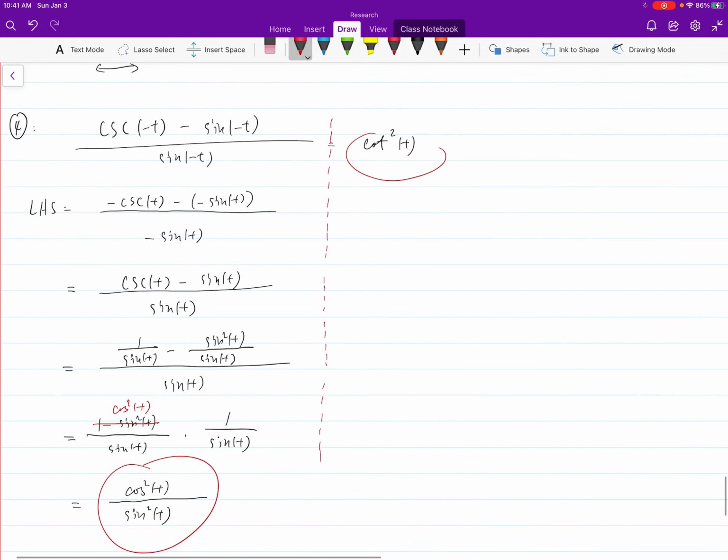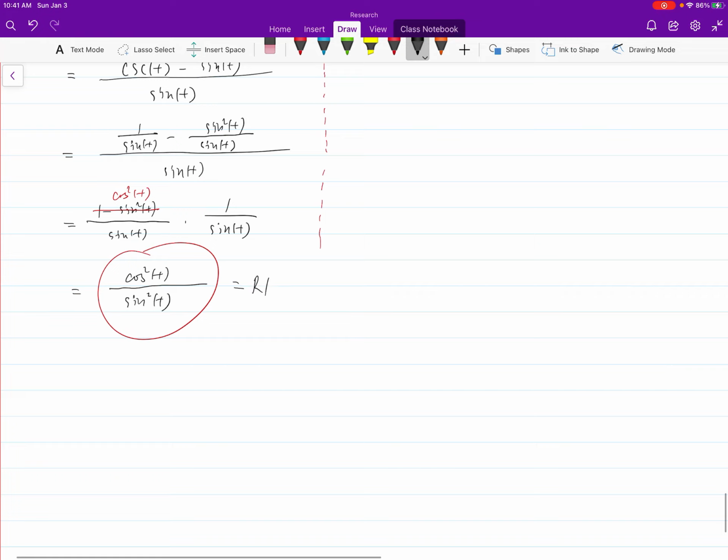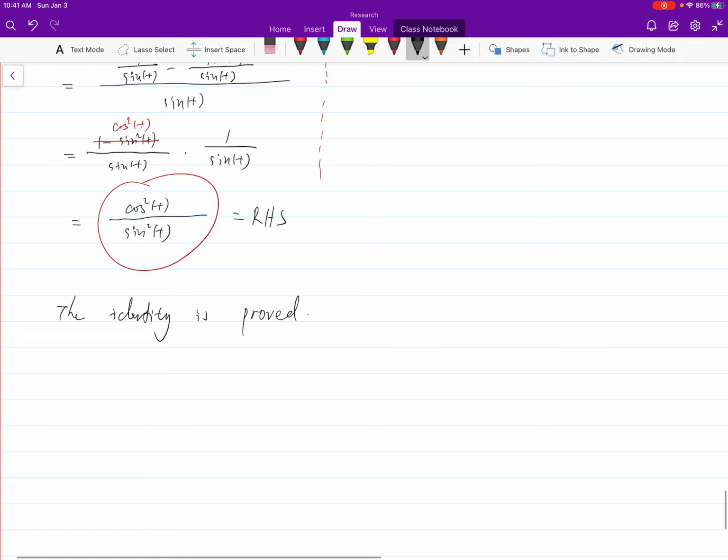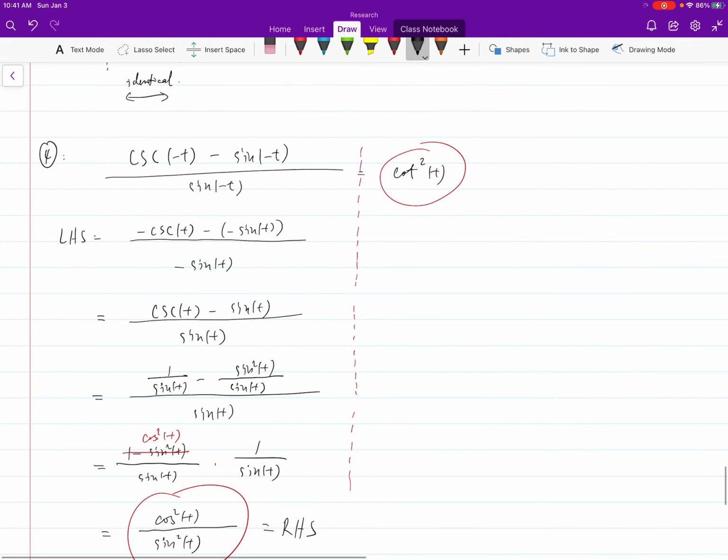Do you recognize cosine over sine? That's cotangent. You square it, you square it. So this and this are the same. The identity is proved.